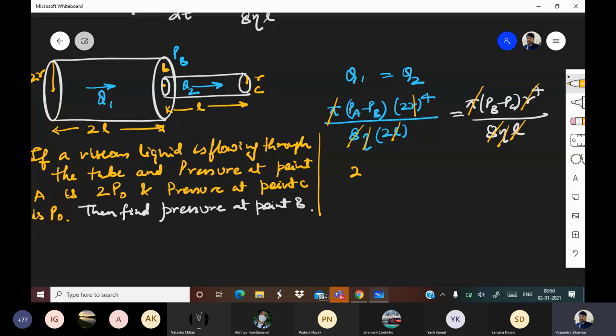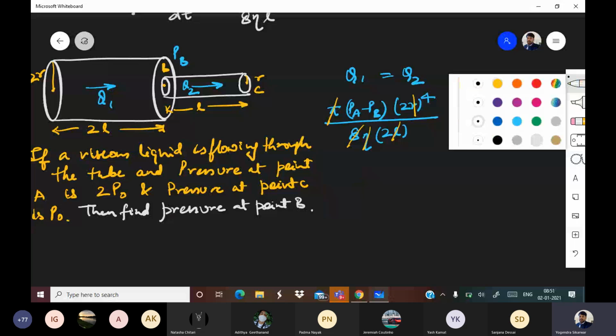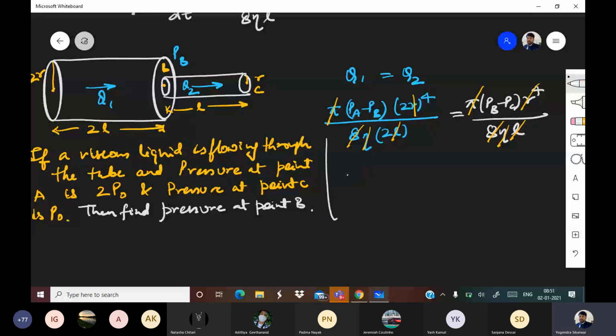So 2P naught minus PB, this is PB only, into 2 to the power 4 upon 2 is equal to PB minus PC, and PC is P naught. It is given.